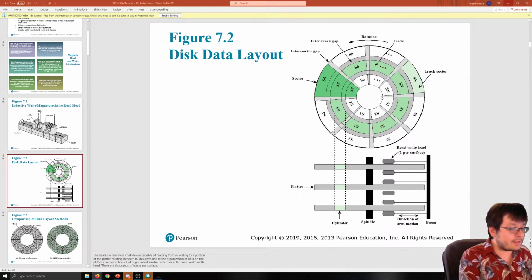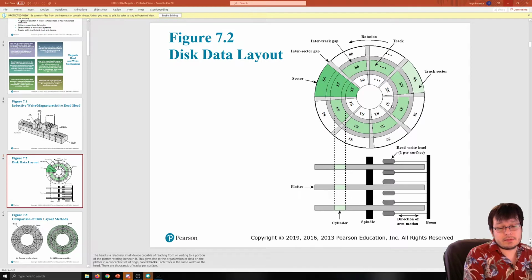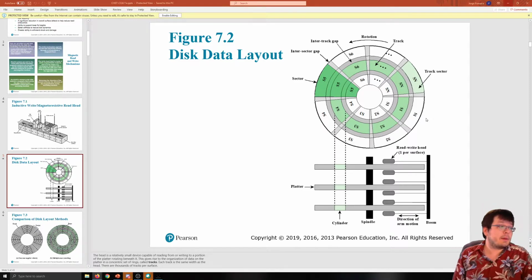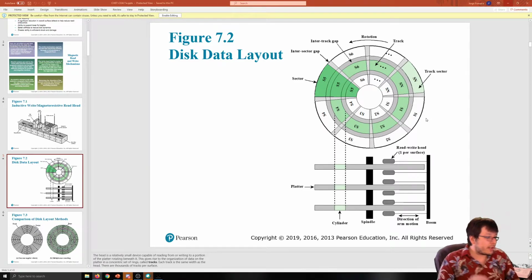So if this is degree 0 and this is degree 30, and this is a radius of 1 centimeter or whatever, then this amount of space is going to be smaller than the space with a degree of 0 and a degree of 30 but a radius from 1 to 2. Even though that's also 1 centimeter of width, it's going to be bigger because you're further out in the circle, right? And that's going to cause us some issues that we'll come back and talk about. But that's the most basic way of organizing the hard drive.